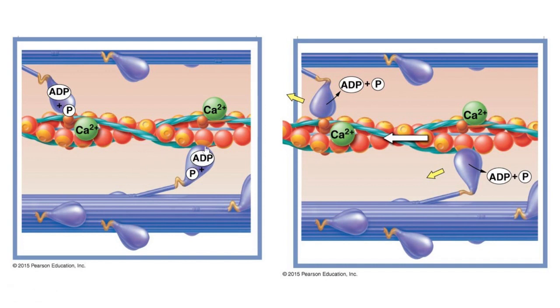So now that this cross bridge has been formed, the energized myosin head is able to slide the actin filament towards the M line. Here we see it as well. And that process is called the power stroke, and it's indicated by this arrow movement.